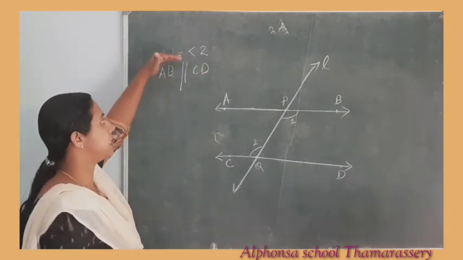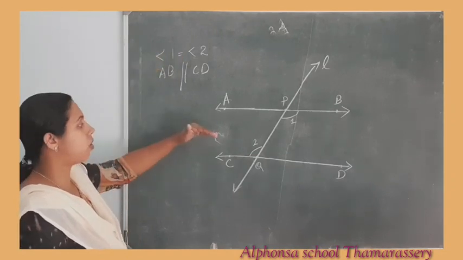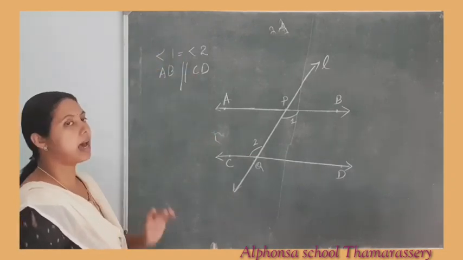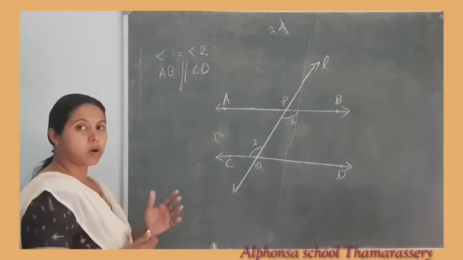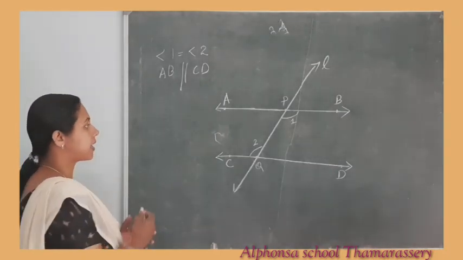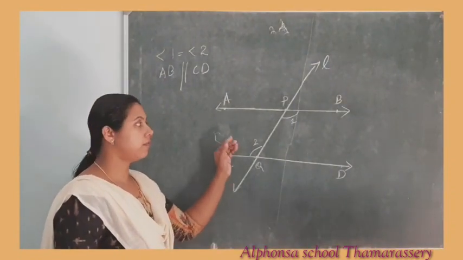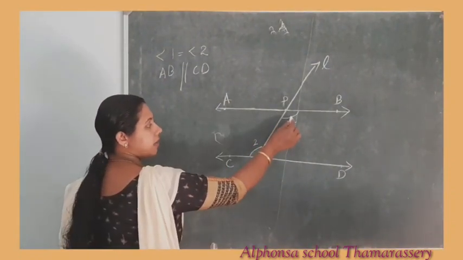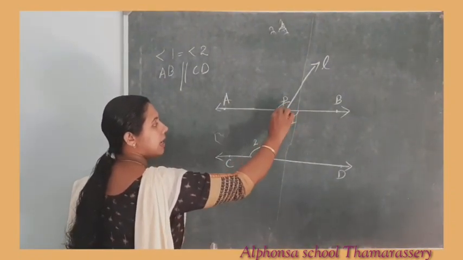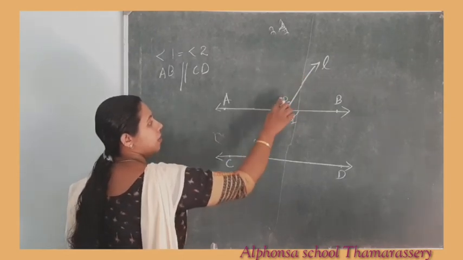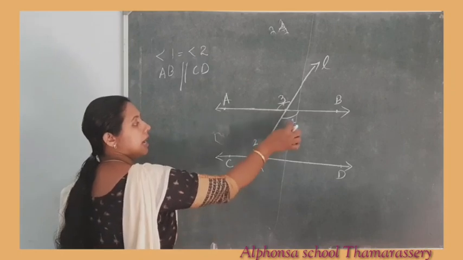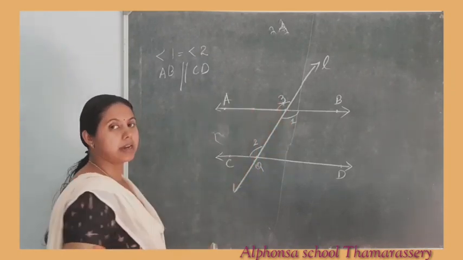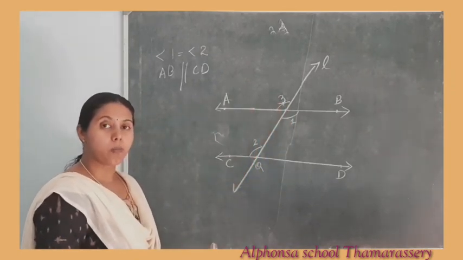If the alternate interior angles are equal, then you want to show that the lines are parallel. So we know the converse of the corresponding angles axiom. From the figure, angle 1 is equal to angle APL, or you can name this angle as angle 3. Angle 1 is equal to angle 3 because they are vertically opposite angles.